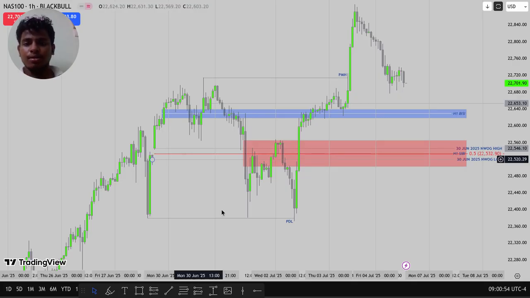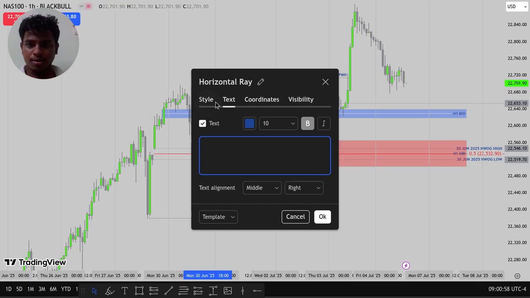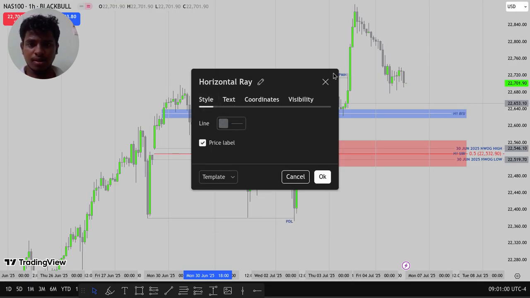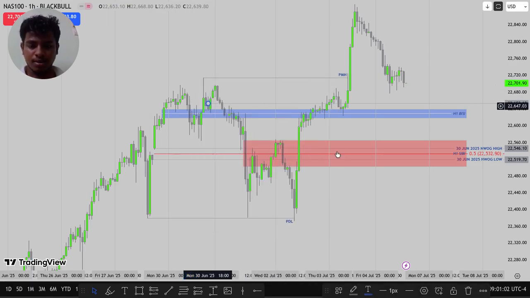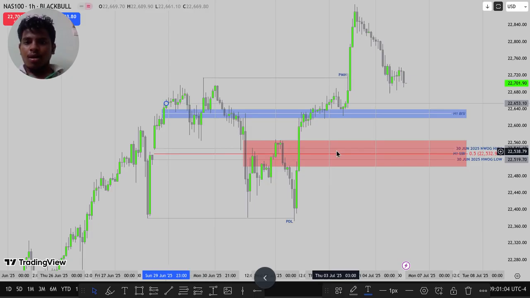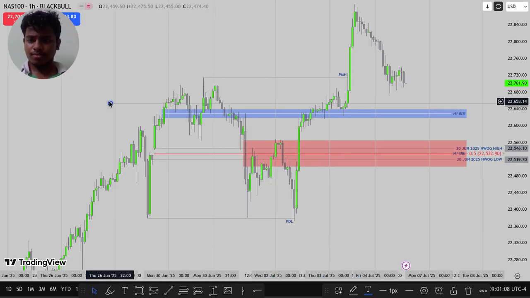Also here, this line, this one, the all-time high line. Market cleared the all-time high in which session?